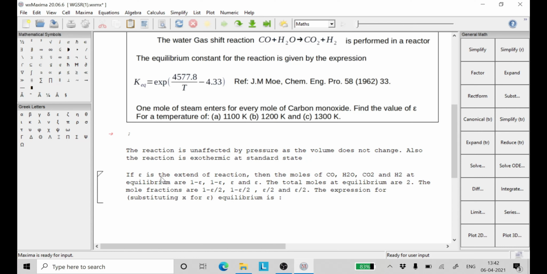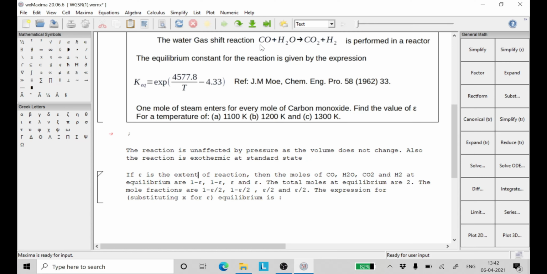Now, if epsilon is the extent of a reaction, pardon my English once again, extent, E-X-T-E-N-T, extent of reaction, then the moles of carbon monoxide, steam, carbon dioxide and hydrogen at equilibrium are 1 minus epsilon, 1 minus epsilon, epsilon and epsilon.